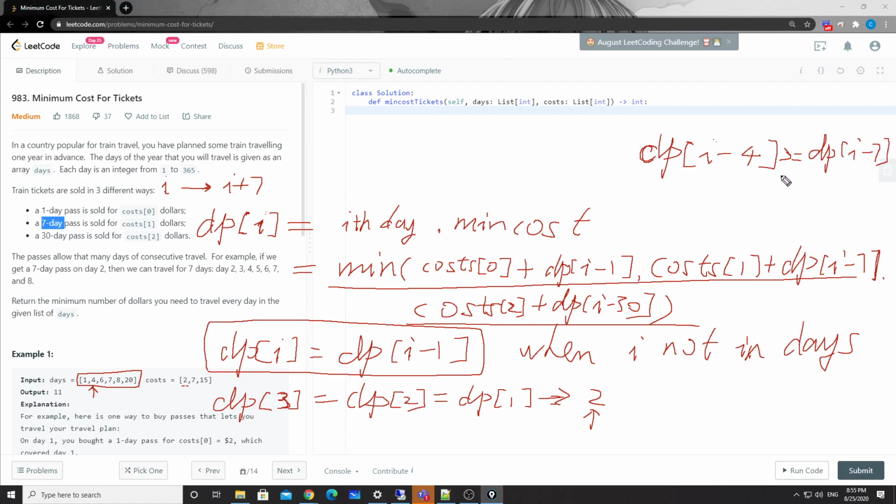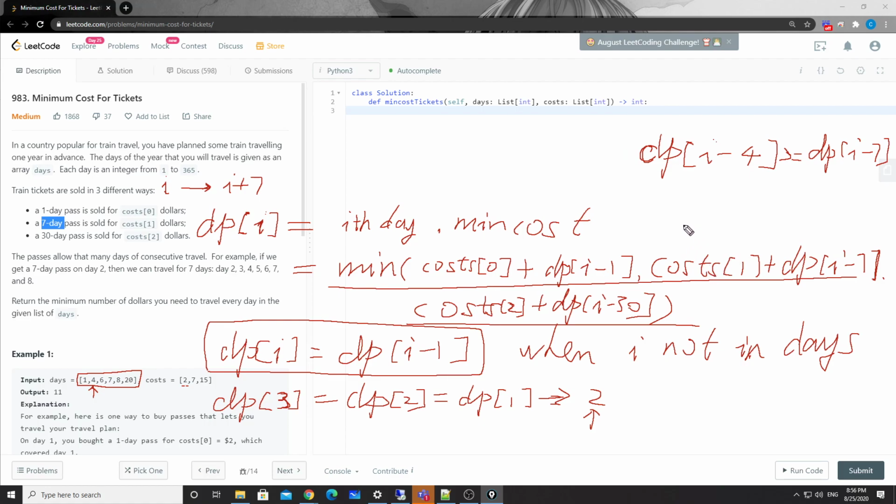This is not that hard to understand, right? If DP of I minus 4 is greater than DP of I minus 7, it means the cost to travel until day I minus 4 has to be greater than or equal to the cost to travel until I minus 7 days. It's pretty obvious, right?